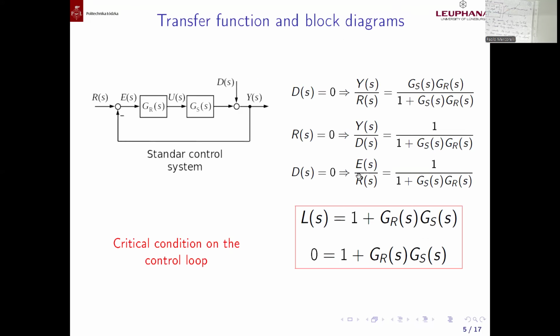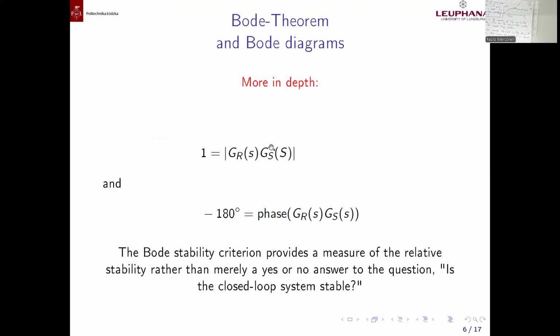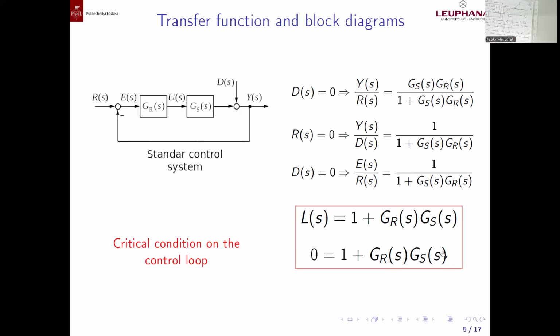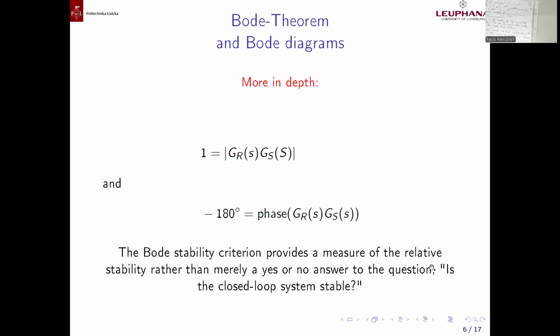As I told you, this expression here is a complex function because it consists of a function in s, which is a complex variable. This equality means, I don't know if you remember in Math 1 or Math 2, that if I consider the problem a little bit more in depth, I have to split this condition here in two conditions, one in amplitude and one in phase.